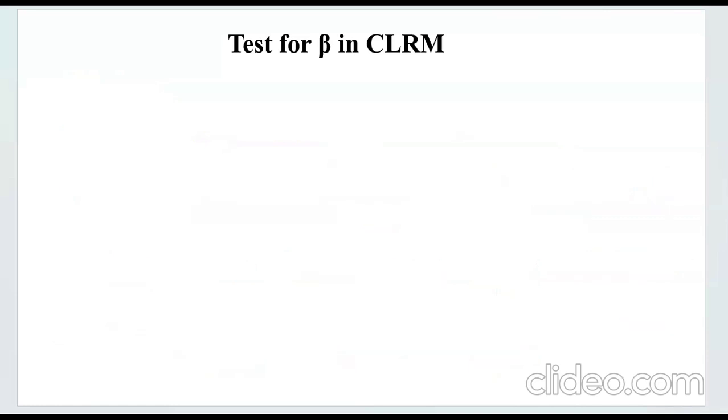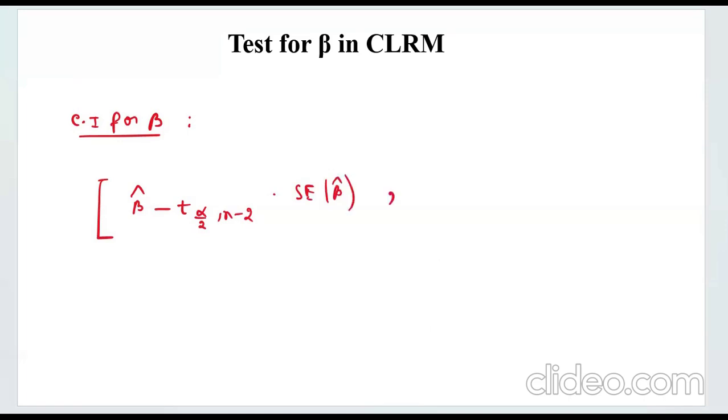Now if you write it in a good way, what will you get? The final confidence interval for beta will come out to be this: beta cap minus t alpha by 2, n minus 2 into standard error of beta cap, comma, beta cap plus t alpha by 2, n minus 2 into standard error of beta cap. So this is the confidence interval of beta.